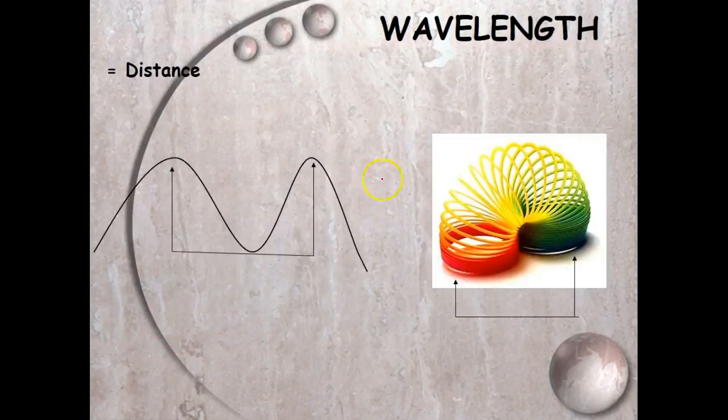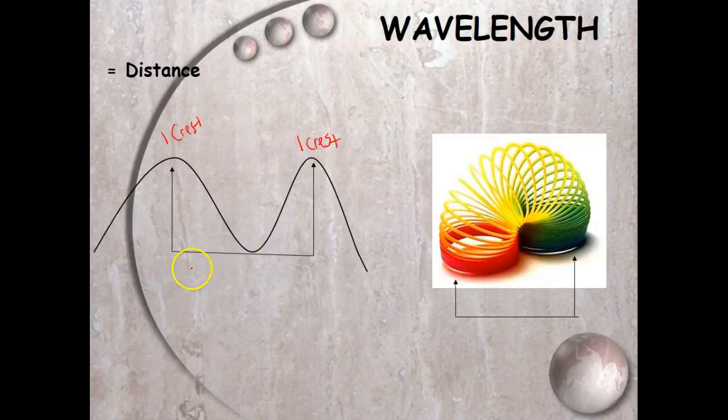Okay, so wavelength. What does it mean if I measure the length of a wave? How do you measure that? What parts of the wave are you going to measure from one end to the other? Well, from this distance, from one crest to the next crest, that's the length of one wave.